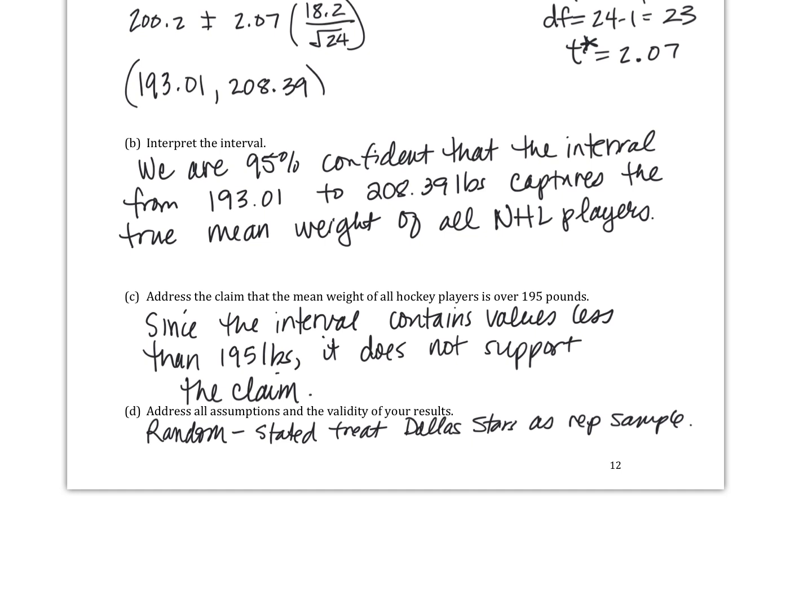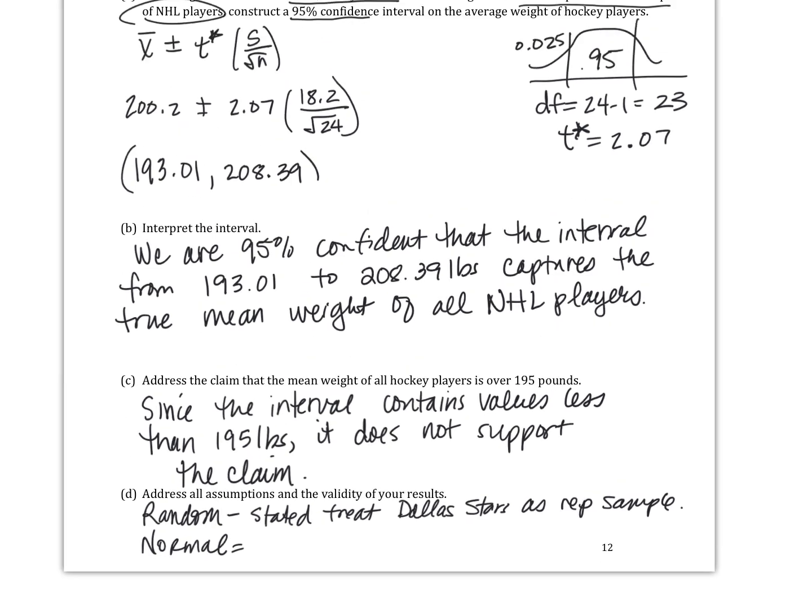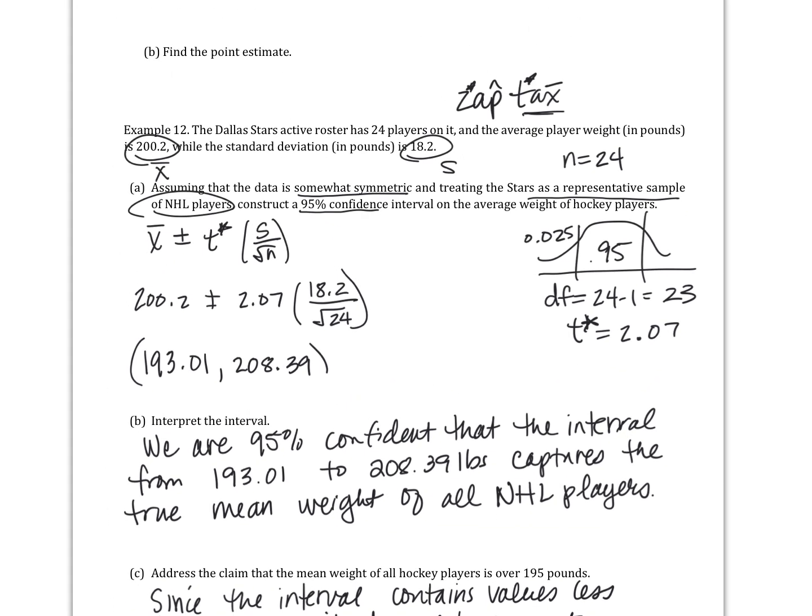And then what's the other assumption we have to show? Normal. Now our sample size is 24, so we can't use central limit theorem. But if you scroll back up, notice it says right here, somewhat symmetric, right? That is enough for us to say it's normal.